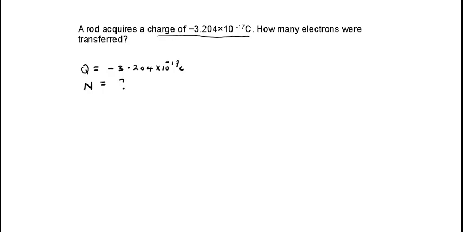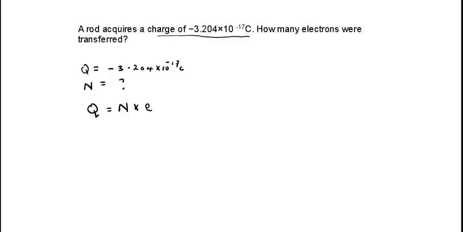Now let's look for a formula that relates the quantity of electric charge and the number of electrons. We have the formula as Q, the quantity of charge, is equal to N, the number of electrons, multiplied by E, the charge of one electron.